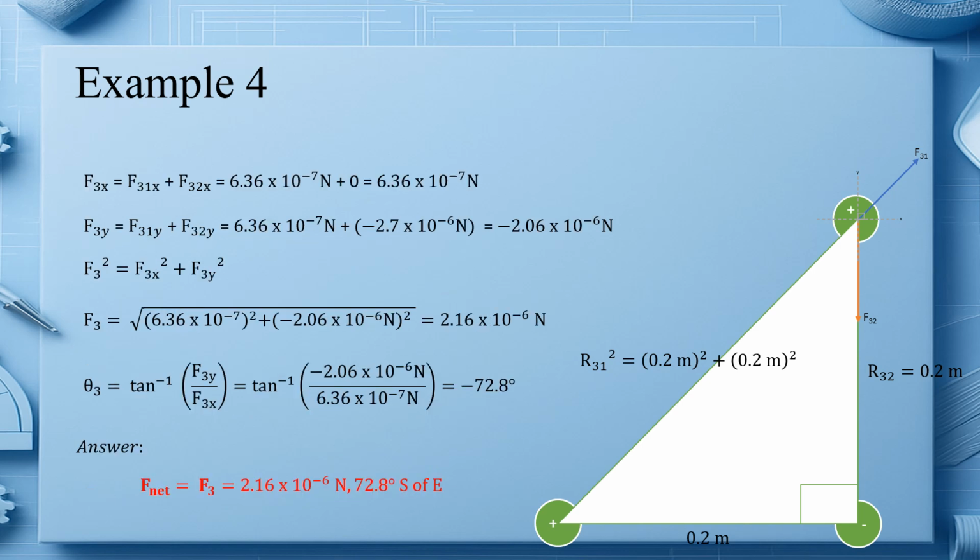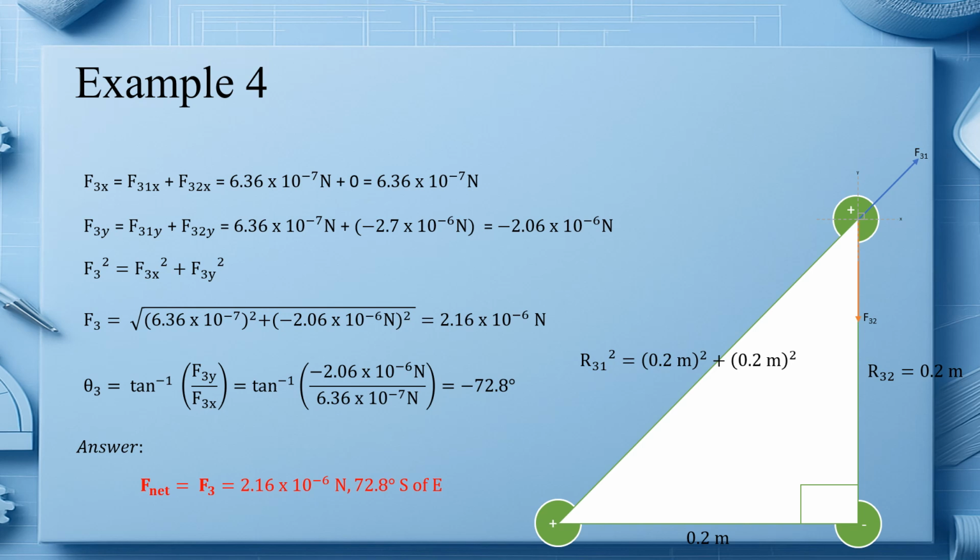So solving for F3, we have F3 squared is equal to F3x squared plus F3y squared. So where did that come from? F3x is equal to F31x plus F32x.